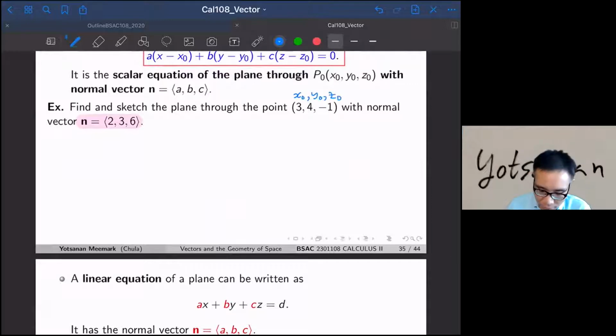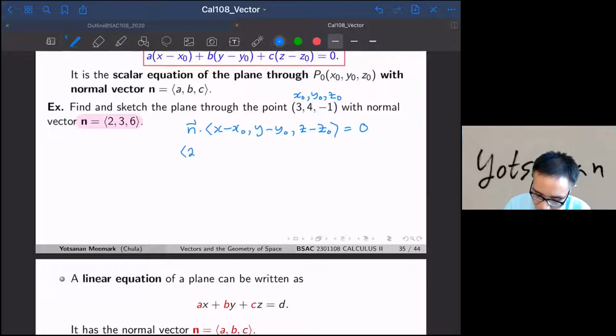In this case, you have n dot (x minus x0, y minus y0, z minus z0) equal to 0. So that will be the relationship between n and (x0, y0, z0).